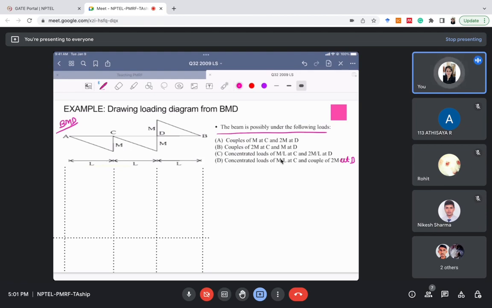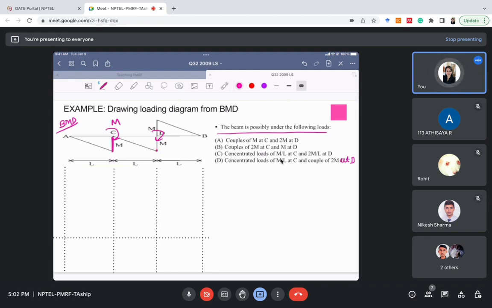So you have understood the concept, right? So why A? Because option A says couples of M at C and 2M at D. I've already discussed that the clockwise couple causes a jump in the bending moment, and an anti-clockwise couple causes a drop in the bending moment. So in the loading diagram, there would have been a clockwise couple at C and D. The magnitude of the clockwise couple would be M, because here the bending moment jumps by M amount.